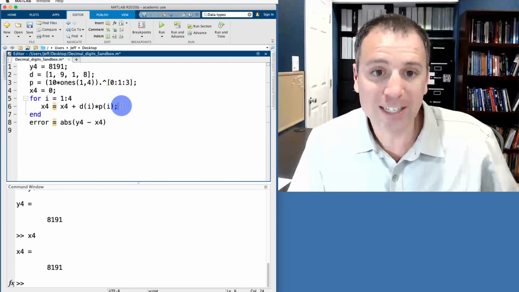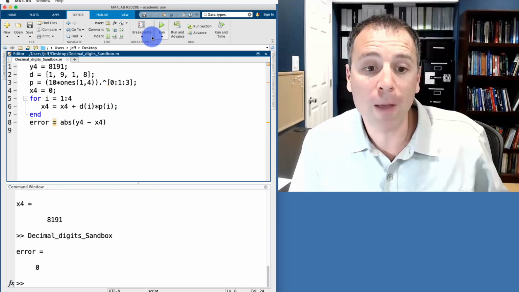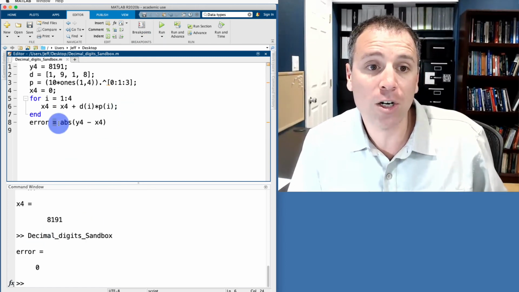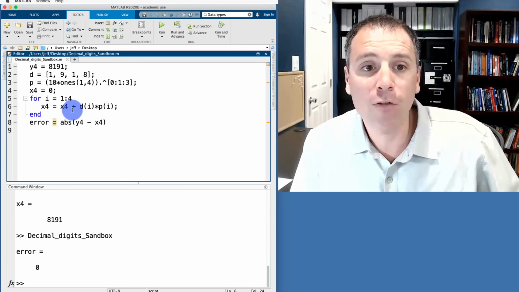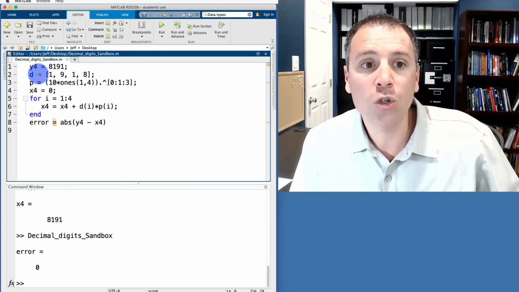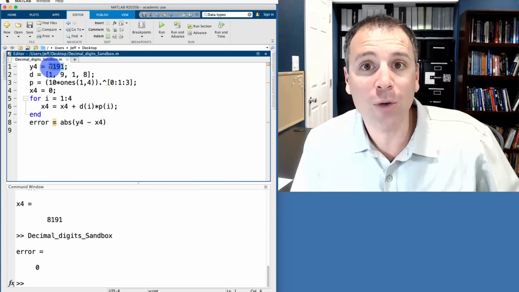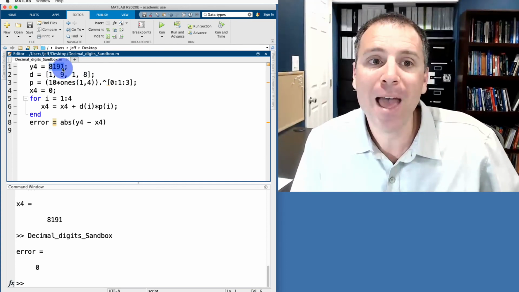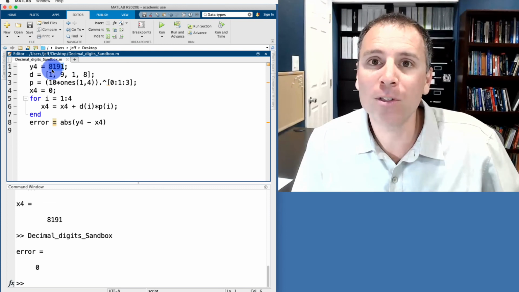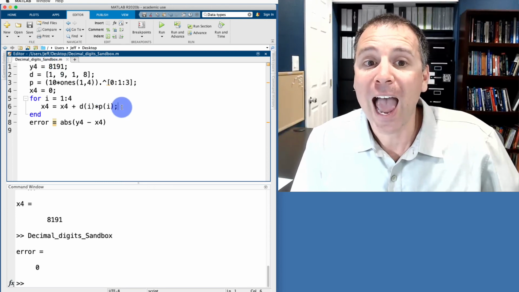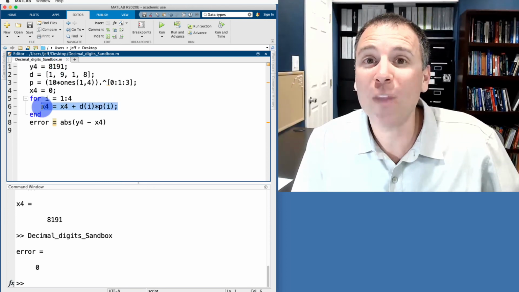Let's go ahead and suppress the output inside the for loop, run this again. Notice the error is 0, which says we've actually created a for loop representation to translate our decimal into its actual value. And from that standpoint, I would claim that all decimal numbers are actually vectors in disguise. Each individual digit tells us the power of 10, and we will see this as something called a dot product.